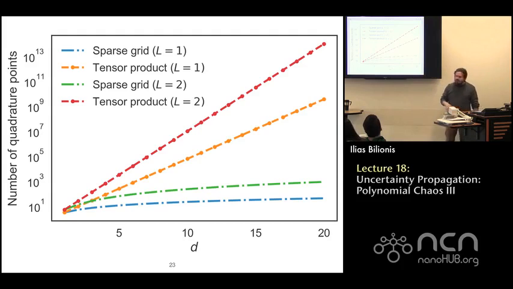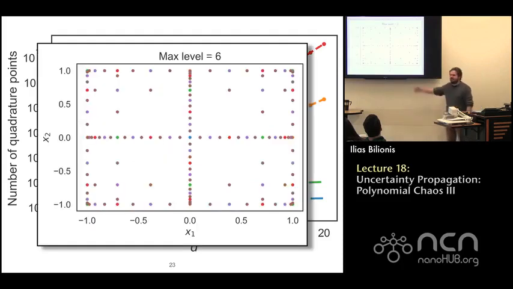But at the same time, sparse grids do not work all the time. Sometimes you can fool them, right? If you stop at a specific level, there's always a function that can fool a sparse grid. So if you look at the sparse grid quadrature, let's say you stopped at level 6, if your function does something here, you're not gonna see it, okay?